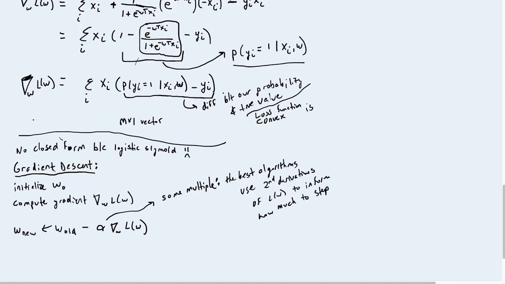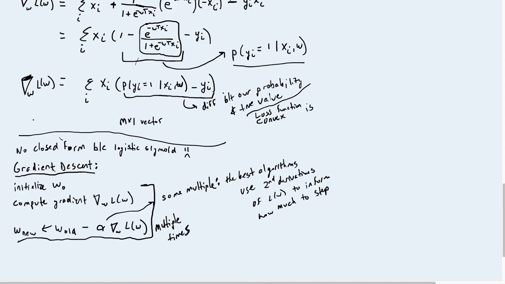So that's just a note there, but the overall point is that this is your gradient descent step, and these would be done multiple times until you reach the minimum.